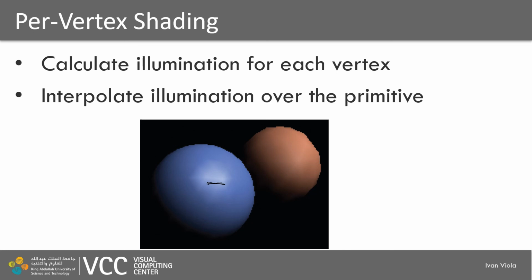So the per vertex shading is not the most fortunate choice. However, it is a much cheaper calculation of shading because, in case shading is a computationally demanding task, we perform it on a very low amount of elements, namely the vertices, which are orders of magnitude fewer than the pixels typically.